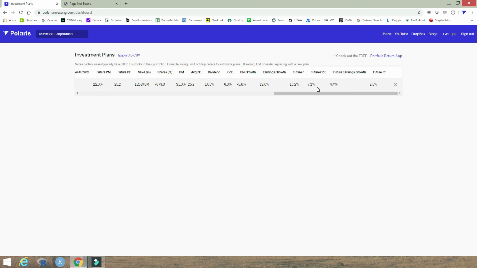So by moving that PE multiple up to 25.2, we can see here that that implies a 13.2% annual return on projects, which is almost double what the expected cost of equity is. That would have to be given some serious thought: do you really think a company, Microsoft in this case, can really forever return this high of a return compared to what the market would expect it to return?